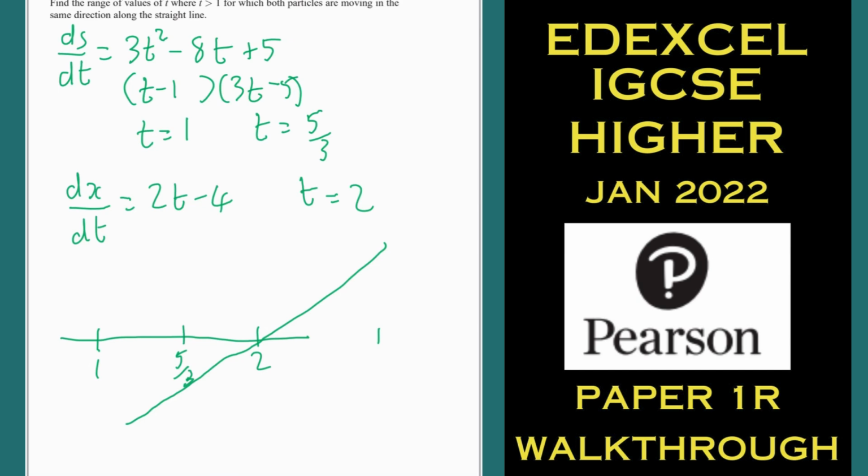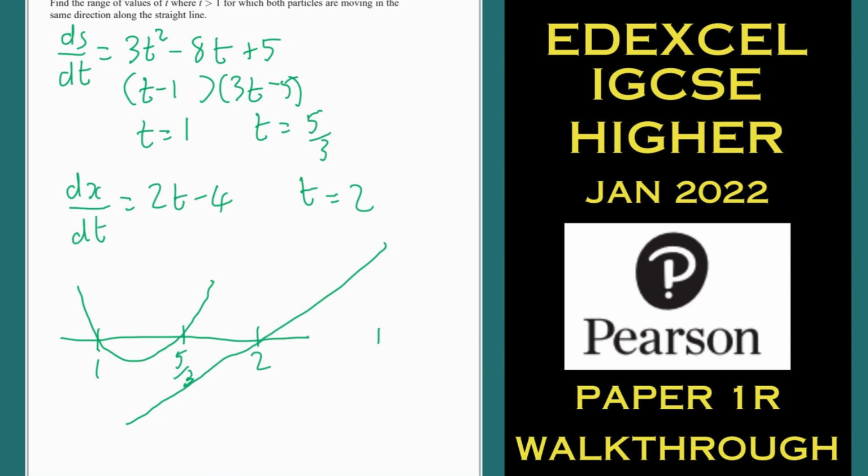Similar to this one, though, this is a quadratic. It's a positive t squared, so it looks like that. Why does that help us? Now, if they're travelling in the same direction, they either both need to be positive or both need to be negative.